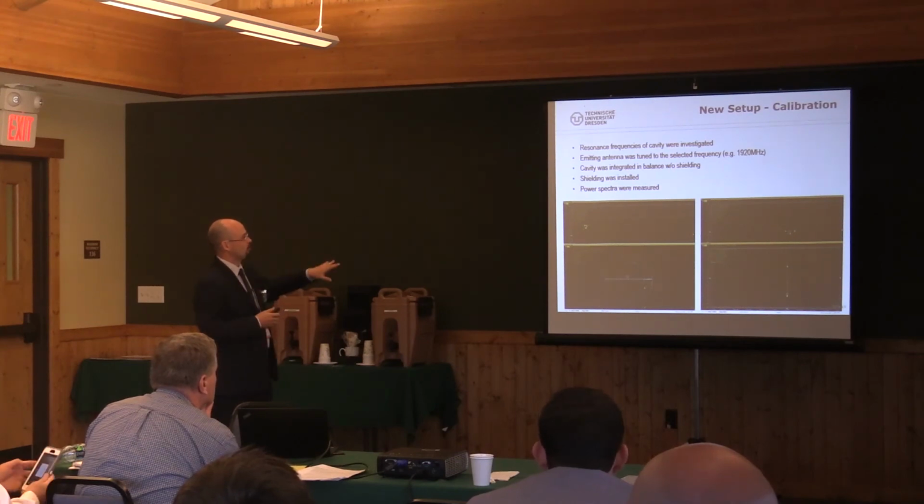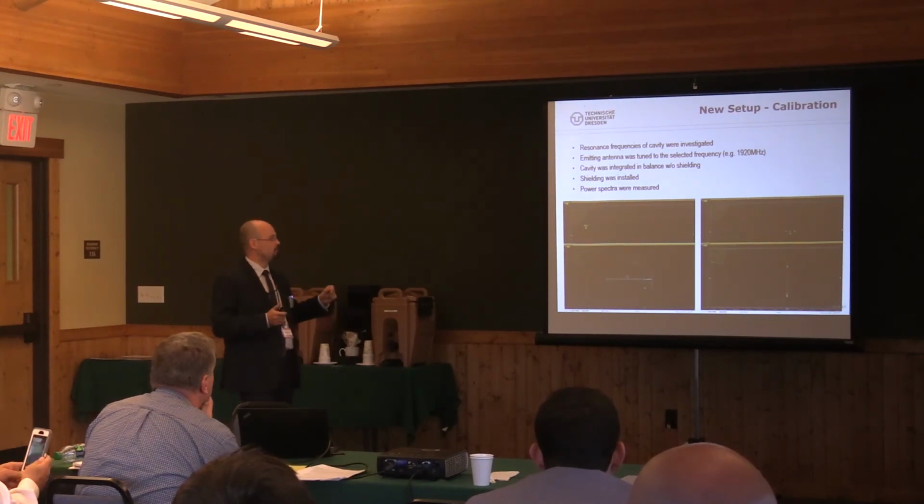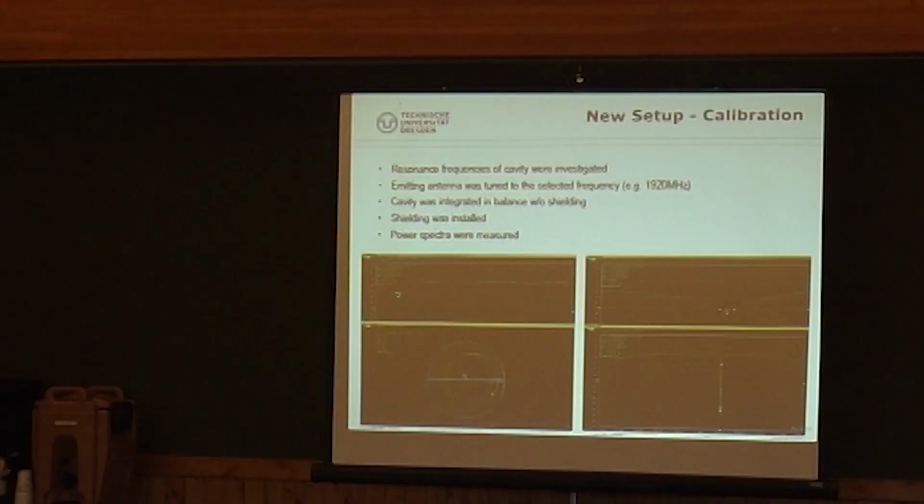Well, besides all these problems, I started tuning my cavity for several frequencies. First, I took a look at the resonance frequencies of the cavity and saved them. I opened my cavity, and I tuned my antenna, the loop or the helix antenna, for the frequency I wanted to look at.